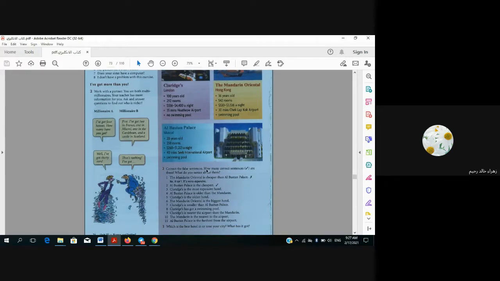Correct the false sentences. How many correct sentences are there? What do you note about them? The Mandarin Oriental is cheaper than Al Bustan Palace.